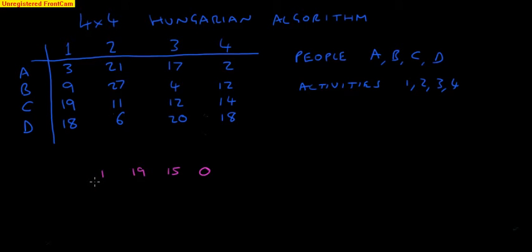Second row, the smallest number is 4, take that away from everything, and you're going to get 5, 23, 0, and 8. Third row, 11 is the smallest number. No, 11 is the smallest number.